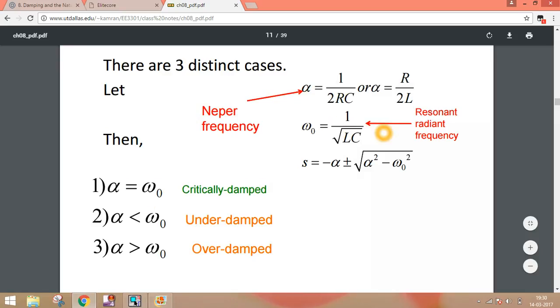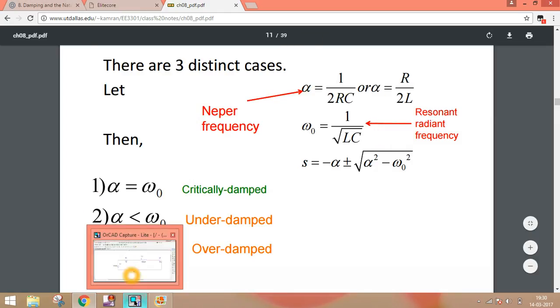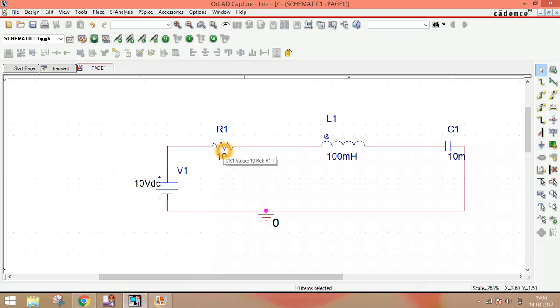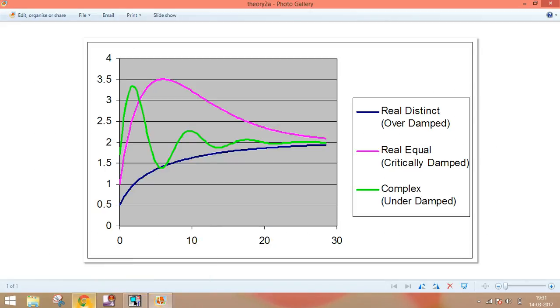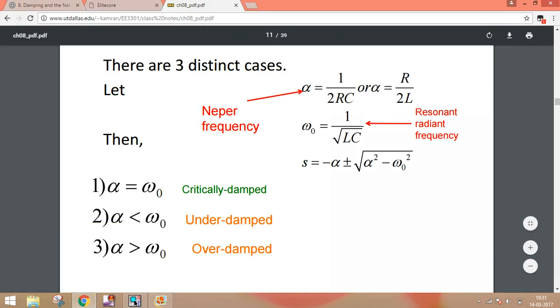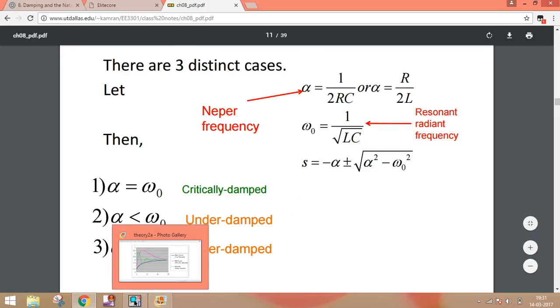In that equation we will set two things constant: R1 is 10 ohm and inductance is 100 millihenry. We keep these values constant. So if R by 2L is constant, meaning alpha is constant, then omega naught and L are also known, and from this equation we get the value of C, that is equal to 4 amp.